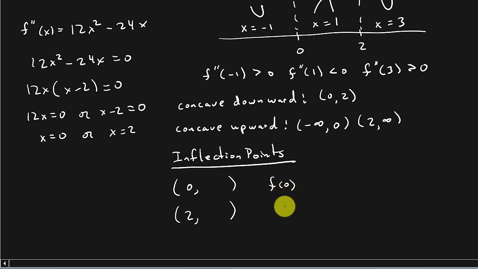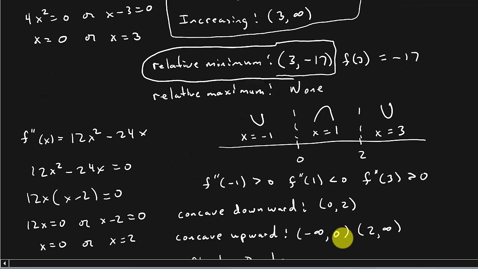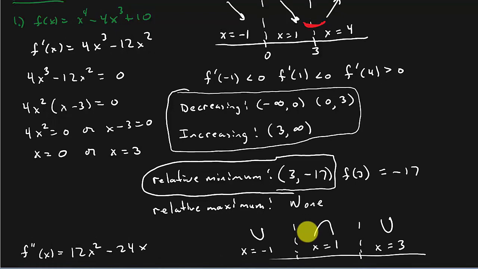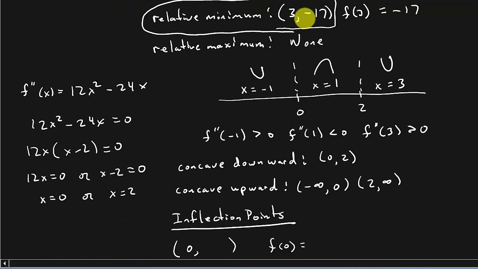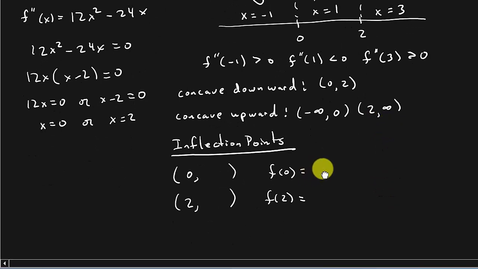So we've got f of 0 and f of 2 that we need to find. So we can see if we plug 0 back into this original function, we're going to get 10 as an answer. So that would be (0, 10).